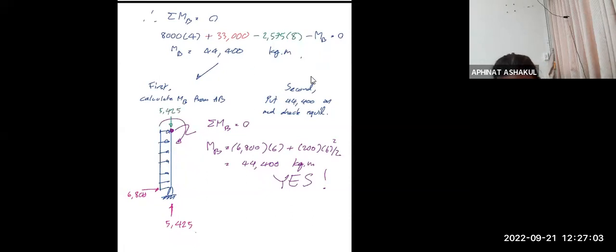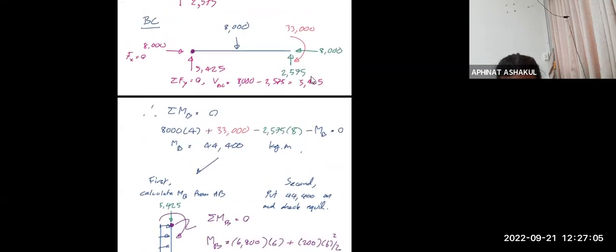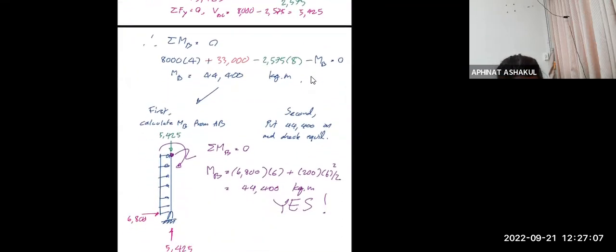Coming from either sigma Fy equal to 0 or coming from member BC. And this has to be 8,000, right? Erase that. Okay. So again, we can only finish the free body diagram. Let's take a break before we continue on.